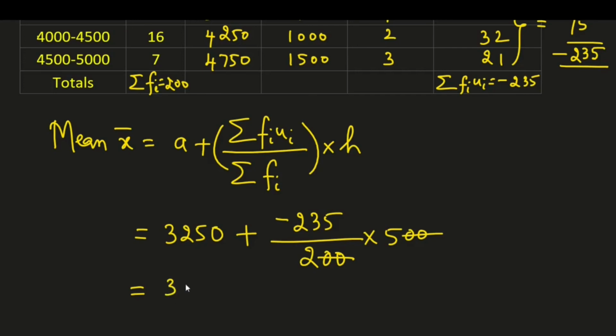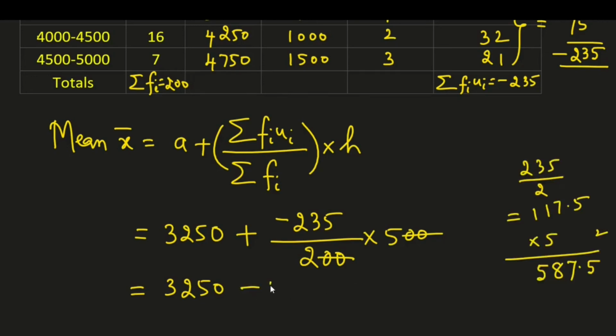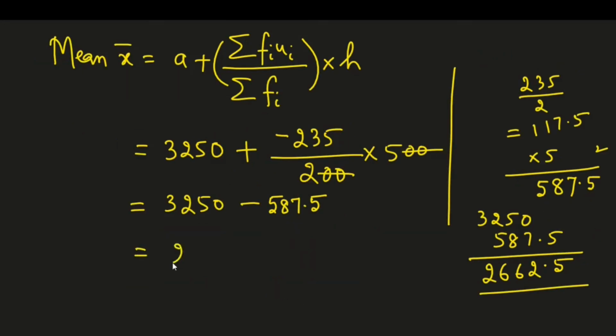This is 3250 minus 587.5. So we get 2662.5.